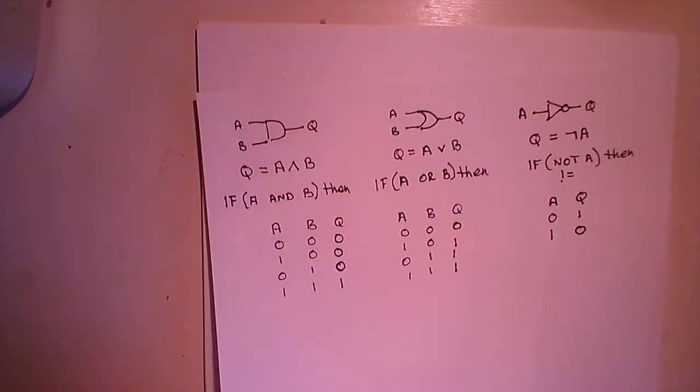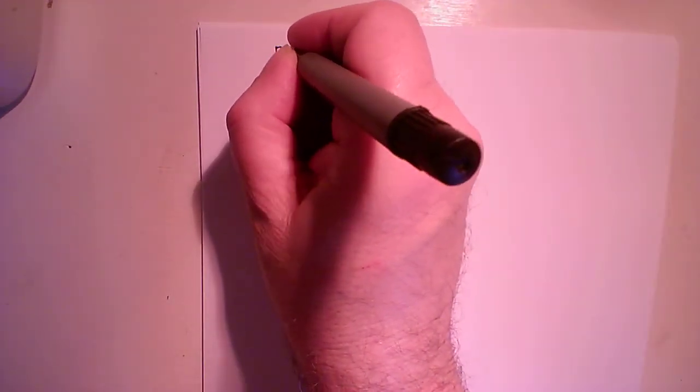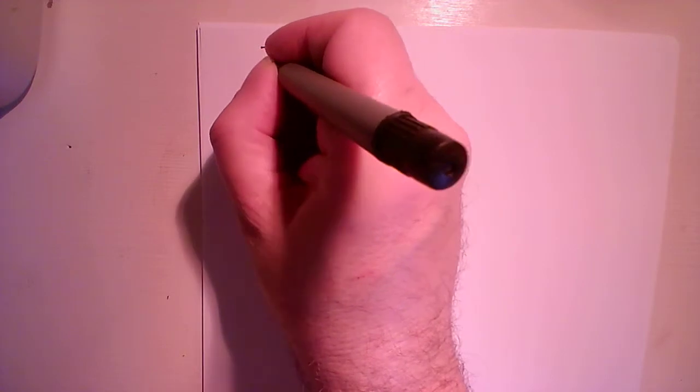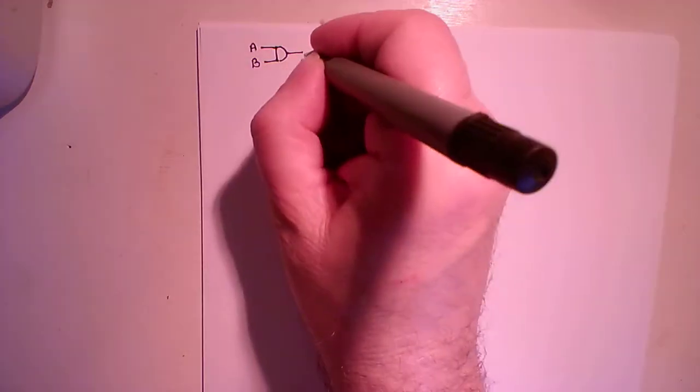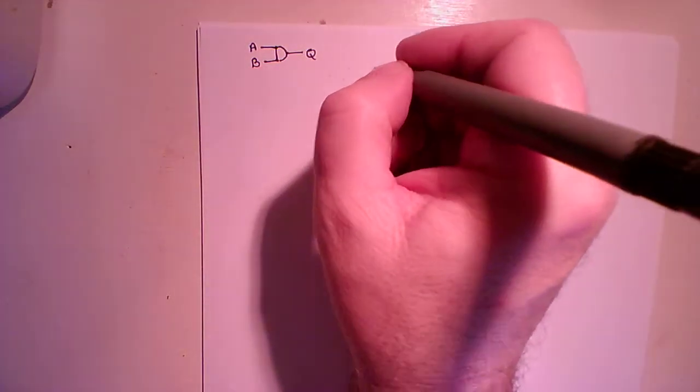But I'm going to probably shrink down my writing to begin with, because it's rather large, and try and show you each and every one. So let's start off with AND. Okay, we've just done that one, A and B and the output Q. And I'm not going to do the programming language.